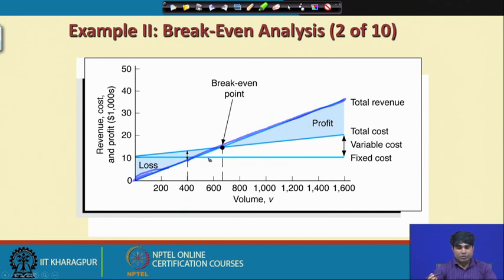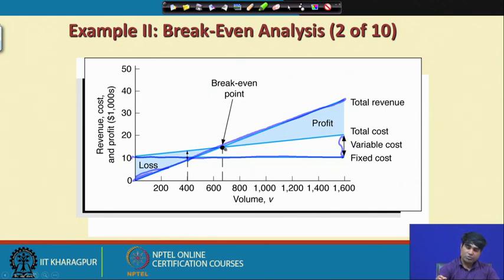But cost cannot be 0, because there is a fixed cost component which is always above 0. So this is the fixed cost, and then variable cost starts from there onwards, and the variable cost and the fixed cost together give you the total cost picture. This amount is called the variable cost.